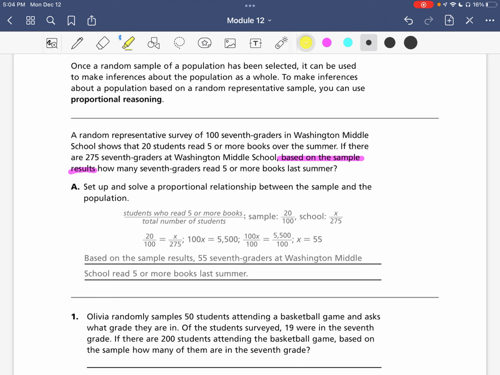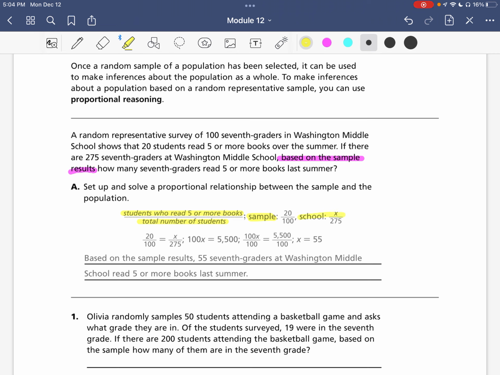So here we have the sample: students who read 5 or more books to the total number of students, and then we're going to compare that to the school. So we're comparing the 7th graders to the school.